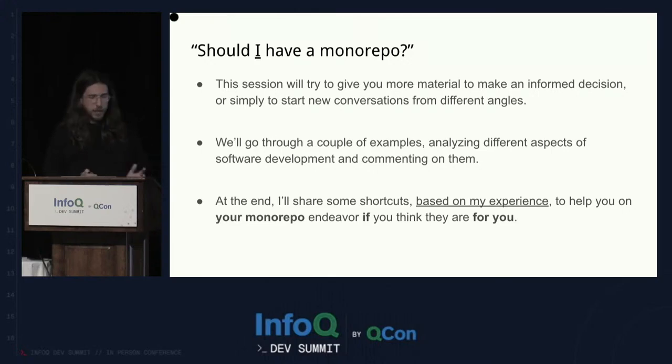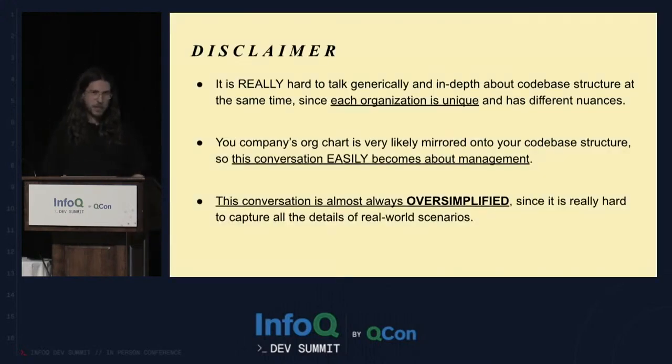Now, before we begin, I need to make a big disclaimer, because this is a very complicated subject, and it's really hard to capture the uniqueness of each company or organization or team or project or whatever division that you may have in your job or in your open source contribution workflows.